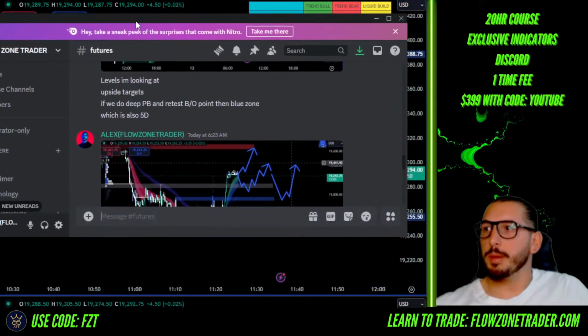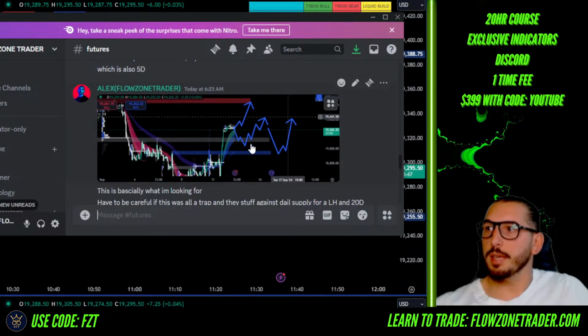Right, these were the plays we were looking for this morning. Deep pullbacks or breakout and retest. We have not had either yet.